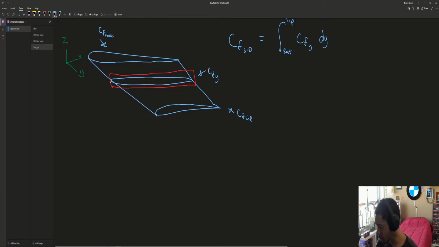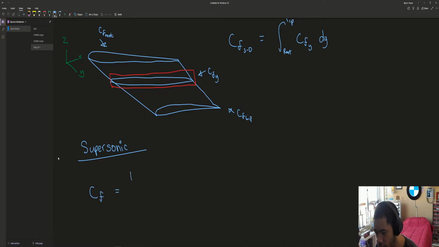Now there's a few more things that have to be mentioned before we move on. What happens when we get to supersonic speeds? We're not going to cover transonic speeds today, but we will touch upon supersonic. In supersonic, our equations change a little bit.